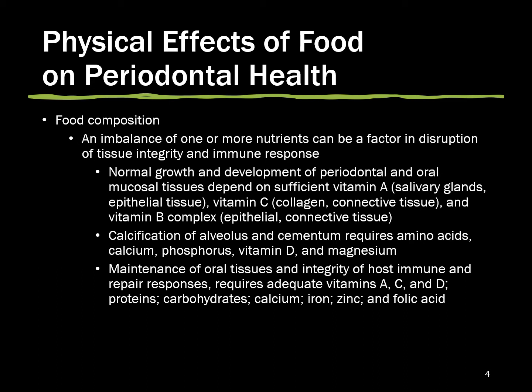And then, of course, for the maintenance of our oral tissues and making sure our immune system stays functioning properly, we need vitamins A, C, and D, protein, of course, because it's in everything, carbohydrates for energy, calcium, iron, zinc, and folic acid. All of this is a review. We already had chapters that went over all of this information, but this is specifically for periodontal health.